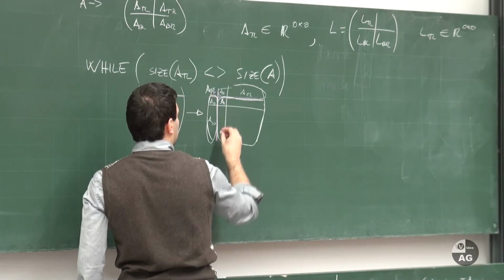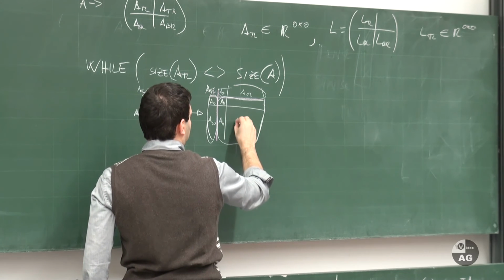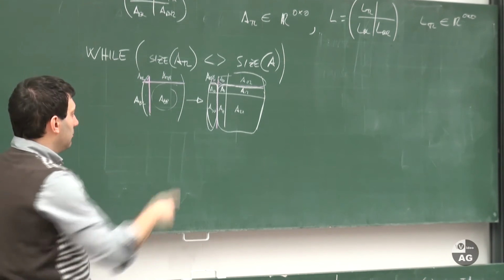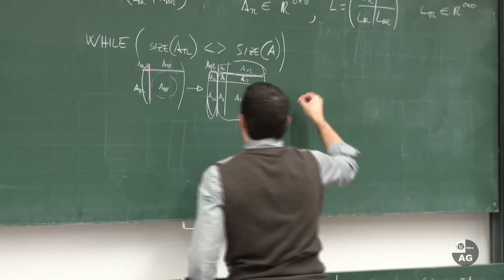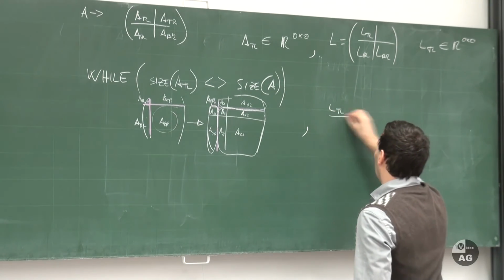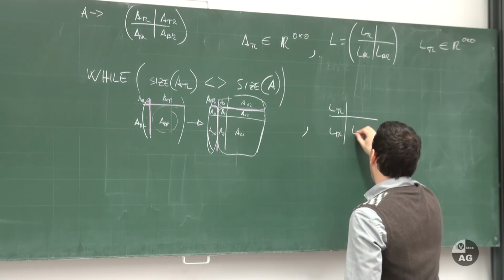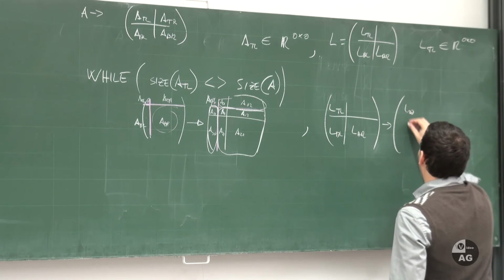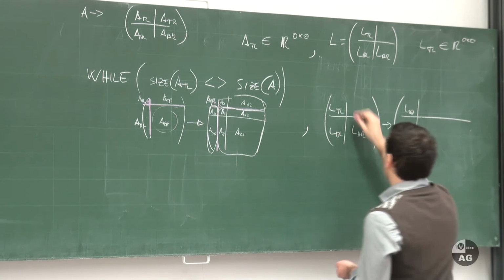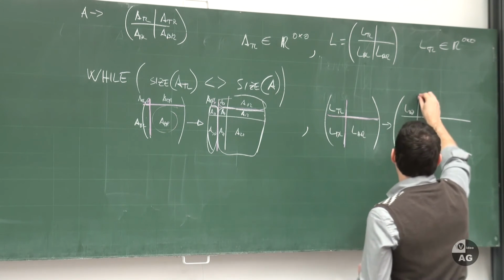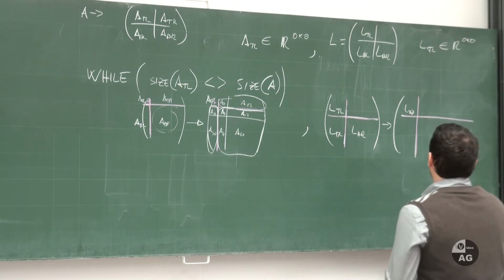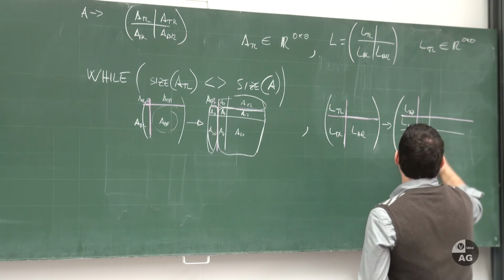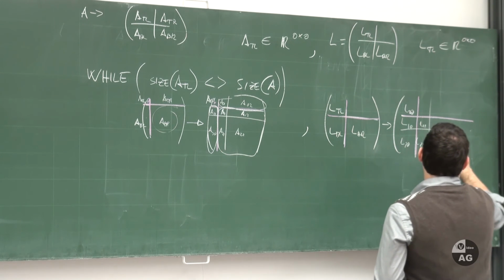And these are the objects on which we were operating. We have something entirely similar for L, where this is purple: L10, L20, L11, L21, L22.